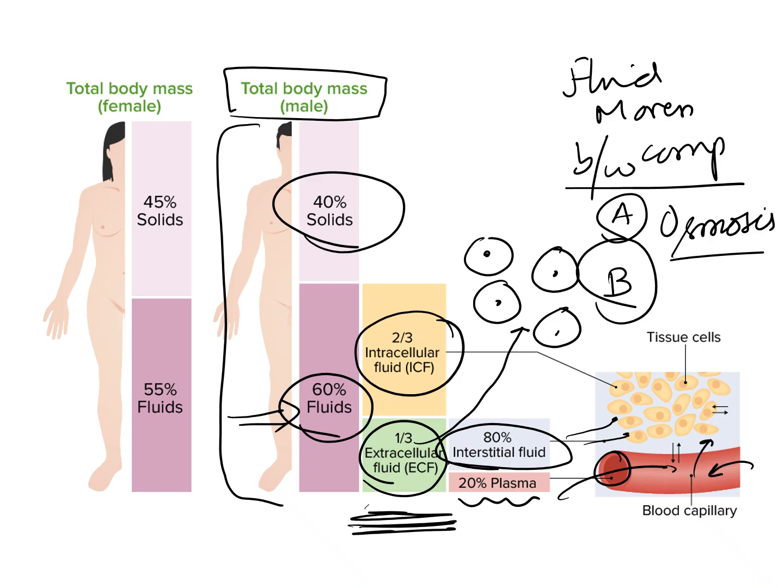For example, if the capillary hydrostatic pressure is high, or the plasma oncotic pressure, which is determined by albumin, or the interstitial pressure, or the capillary permeability changes. These are the Starling forces which are responsible for fluid movement between different compartments.